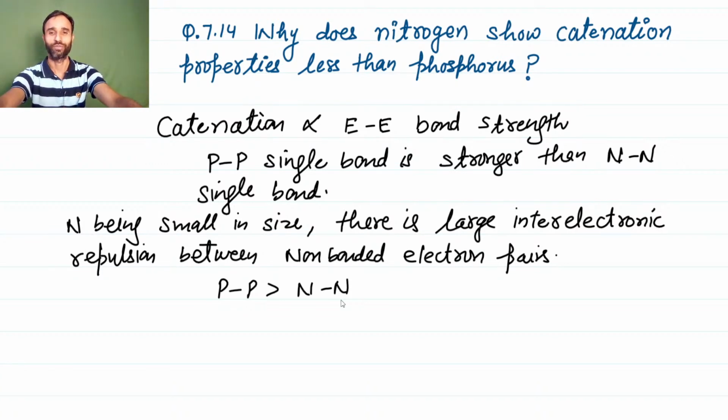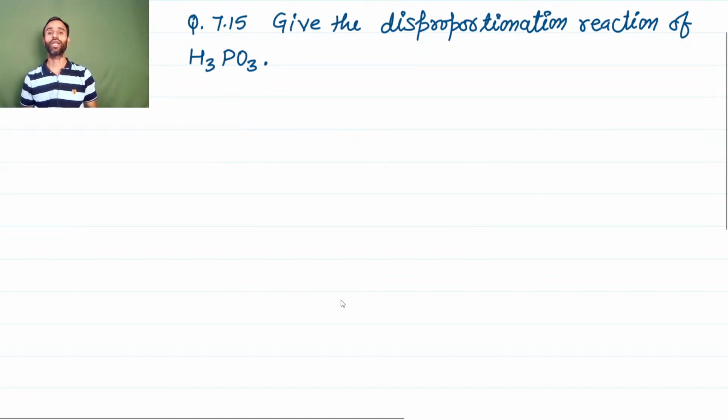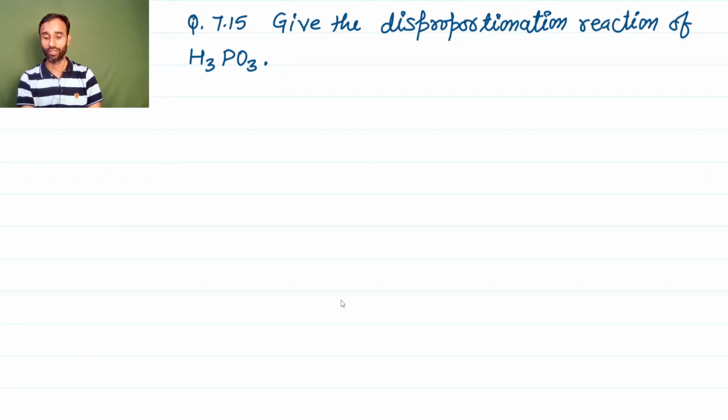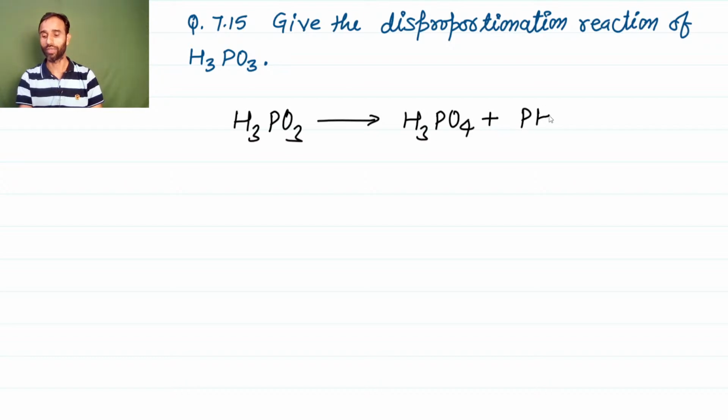Very simple question. Next, give the disproportionation reaction of H3PO3. So beta, H3PO3 disproportionates to give H3PO4 and PH3. This is a knowledge based question. Just balance it.